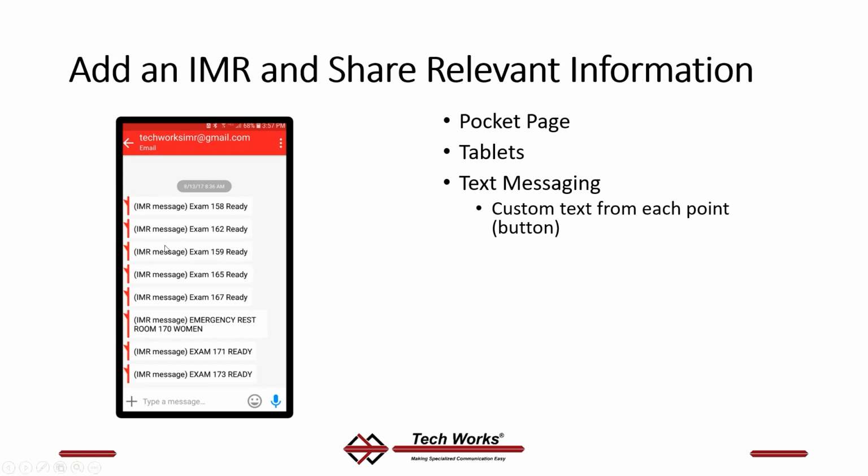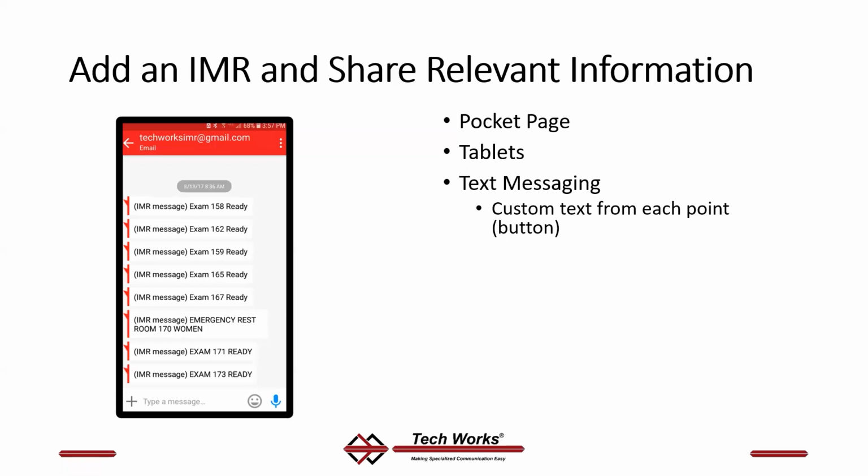They hit the yellow button and it immediately sends a message to the X-ray technician saying, we need you in room 158. And he has a list, and this is his priority stack as to where he needs to go next. You can also change the status from one to another, meaning an emergency versus an exam, just a standard X-ray.